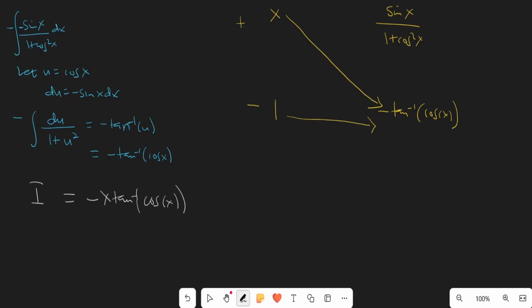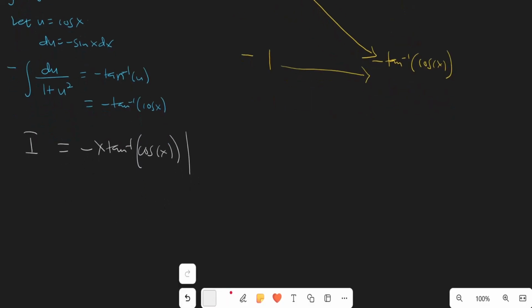Sorry about that. So we take the limits of integration from 0 to pi. Minus, multiplying terms horizontally, this negative and this negative, when we multiply, will become positive. So plus the integral from 0 to pi of the tan inverse of the cosine of x dx.